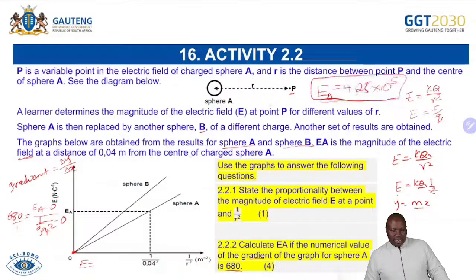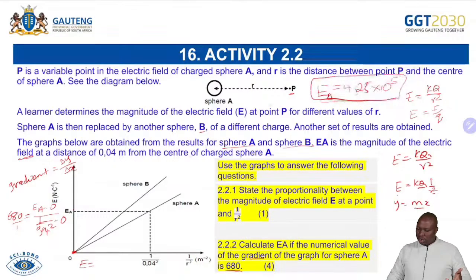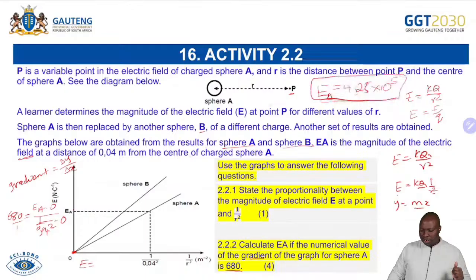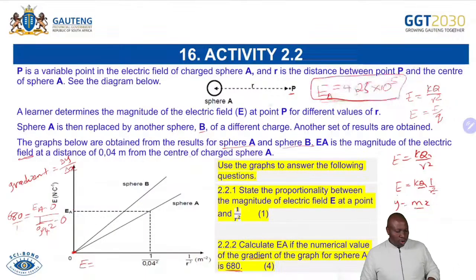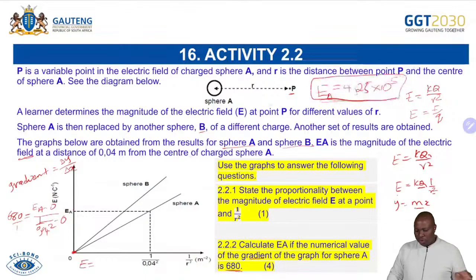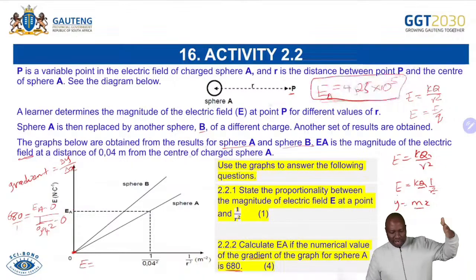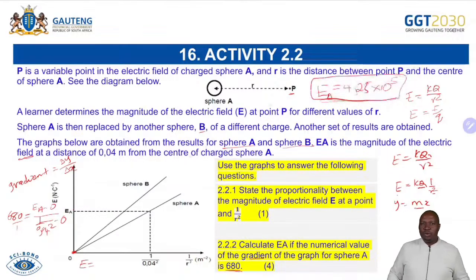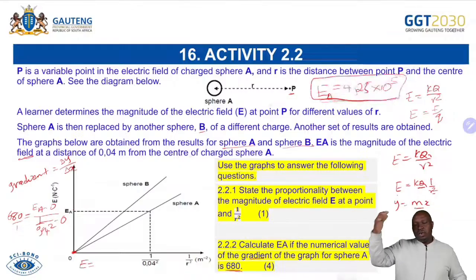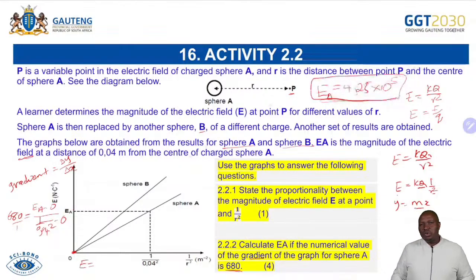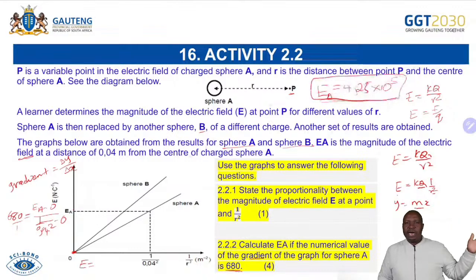So it is important that you have all your skills of understanding of these graphs. Graphs are important. I know you have done rates of reactions. You were talking about the gradient becoming steeper. When the gradient becomes steeper, what does it mean? When you increase the concentration, you increase the temperature, you increase those factors affecting the rate of reaction, you were saying the graph becomes steeper.